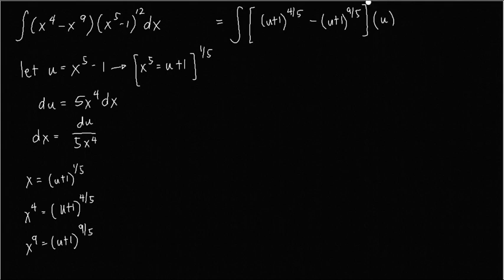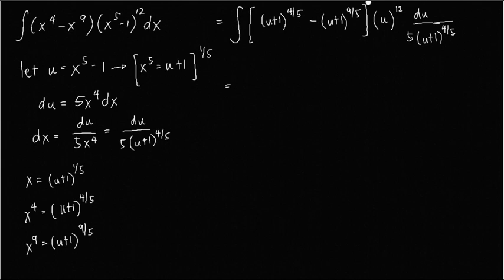This is u raised to 12. Then what is dx? So this is du over 5x raised to 4. But x raised to 4 is equal to what? Du over 5 times x raised to 4, which is u plus 1 raised to 4 fifths. So, u plus 1 raised to 4 fifths.